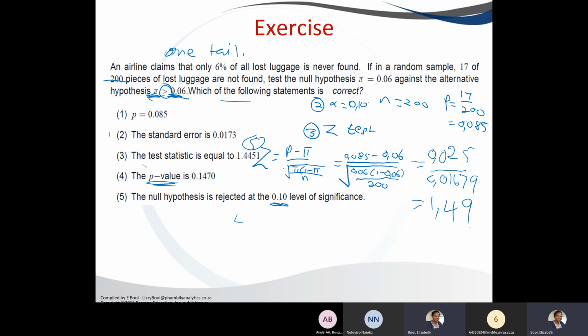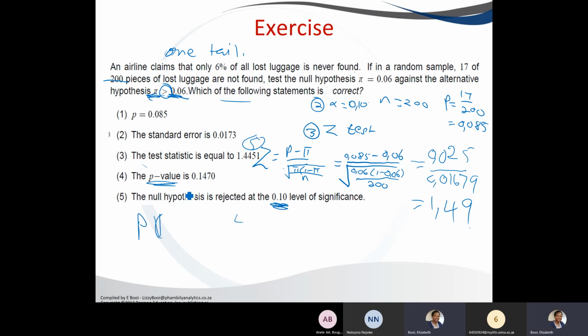We can find the critical value by using our alpha of 0.10, but I'm just going to ignore that and use our test statistic that we calculated just now to find the p-value. So our test statistic is positive. It's 1.49.